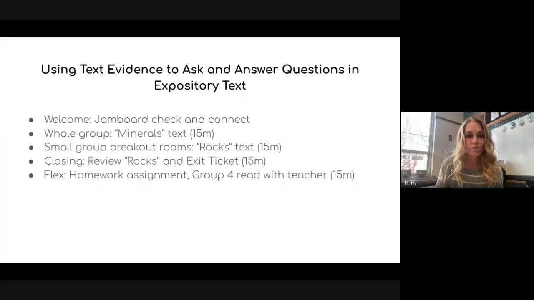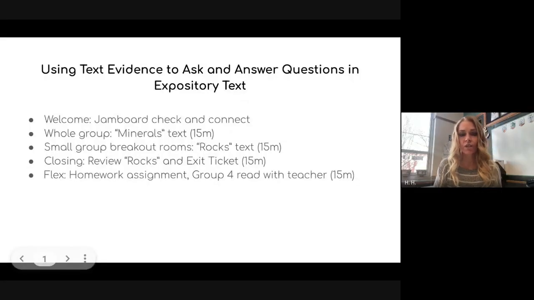All right. Our goal today for our reading, let's take a look-see at our lesson plan. Okay. As you can see, we're going to be using text evidence to ask and answer questions in expository text.